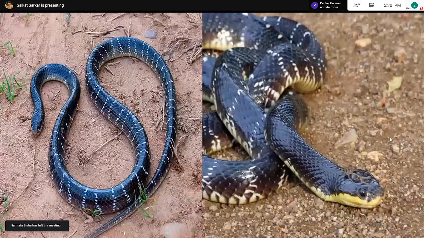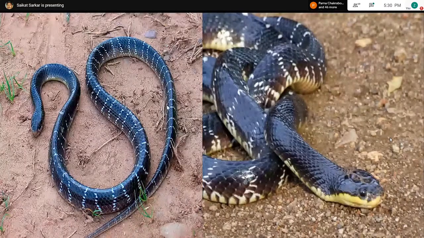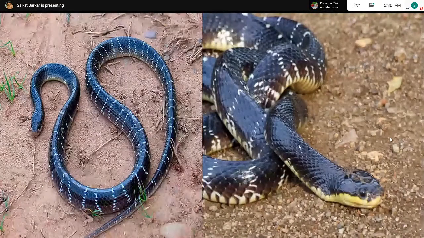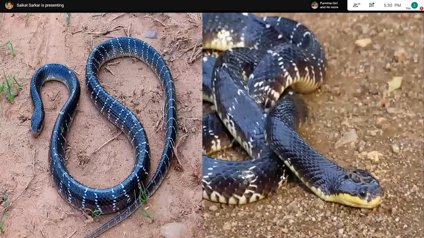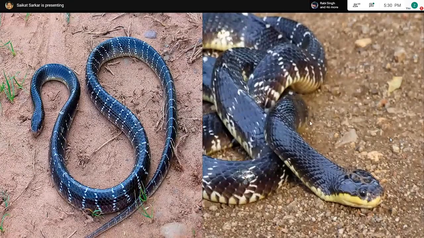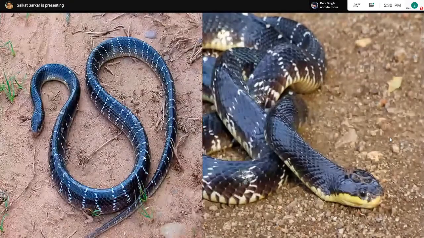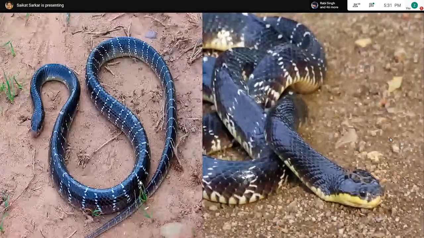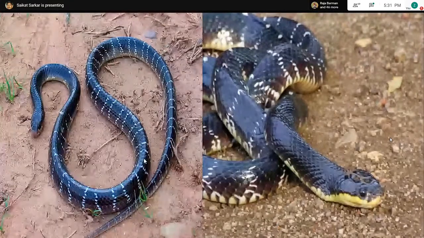Now, this looks like a common krait, but this is not actually a common krait. This is Wall's krait, and this is common krait.